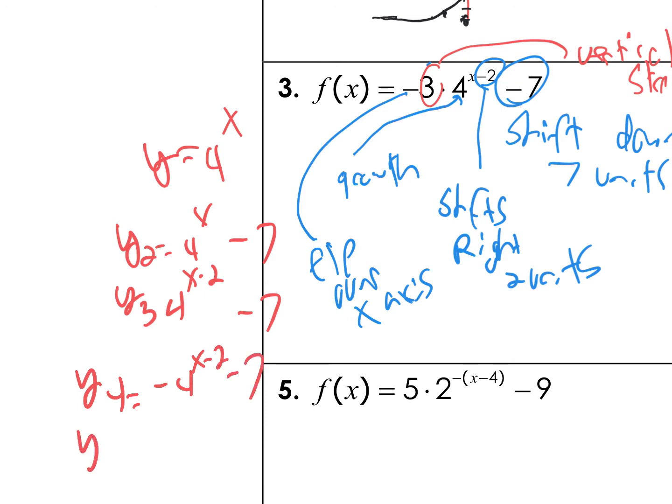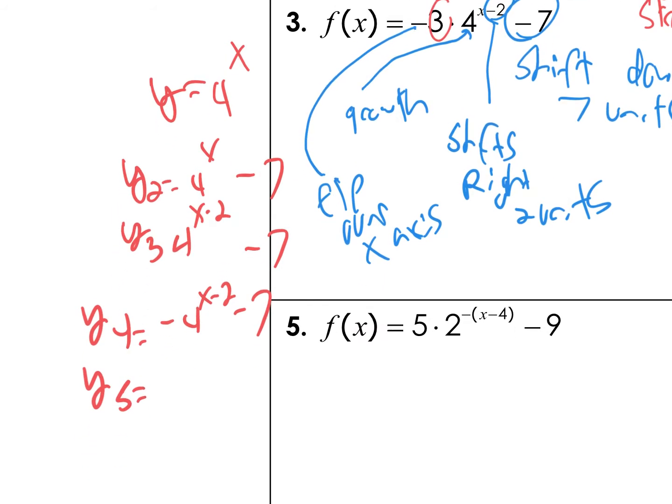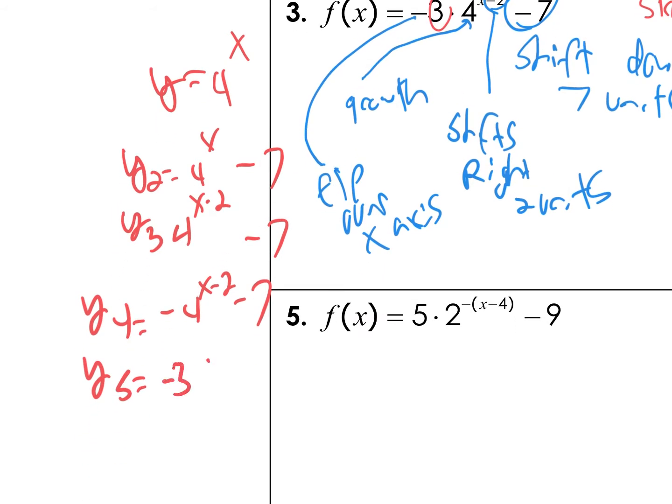And then do y5, put a negative 3 times the 4 to the x minus 2 minus 7, and see what happens if we do get a stretch. Maybe I'll do that at the end, just to put all that on there and see all those steps working. That'd be a good one to do, actually.